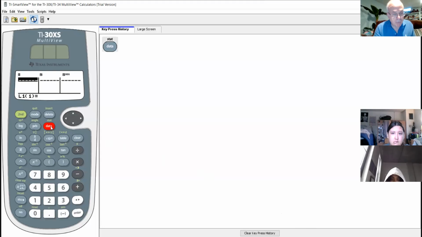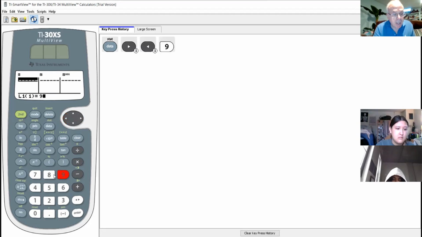All right. So if you hit the data button, you end up with these lists. So we have L1, and if you scroll over with your right arrow, you'll see our L2 and L3. There's 3 different lists. So sometimes you'll need more than one list, especially in chapter 10. All right, but now we're just dealing with chapter 7. And to enter a number, you just type in a number.